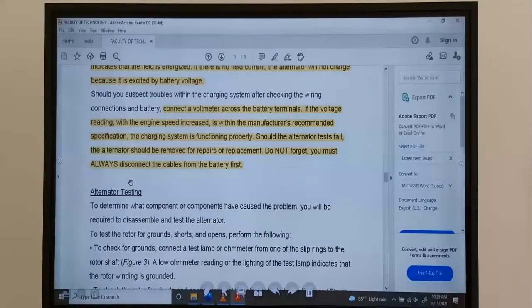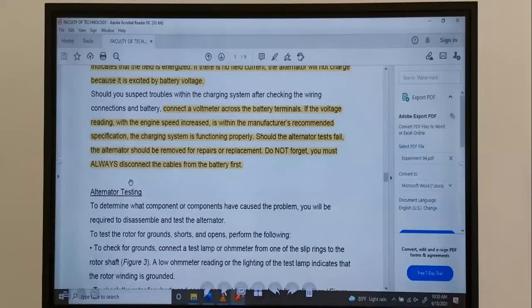At this speed, the alternator produces this amount of voltage. We can check, so the charging system is functioning properly.